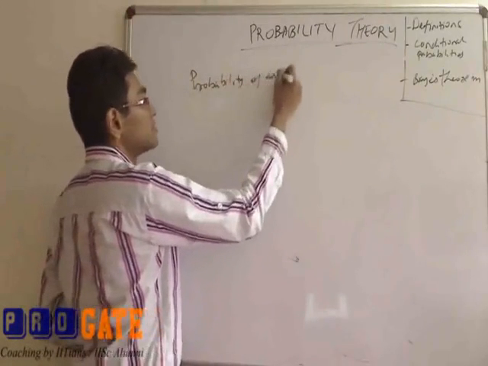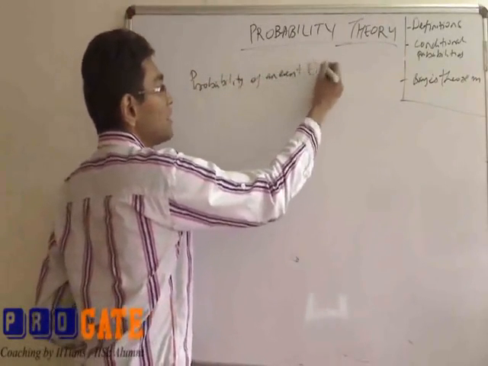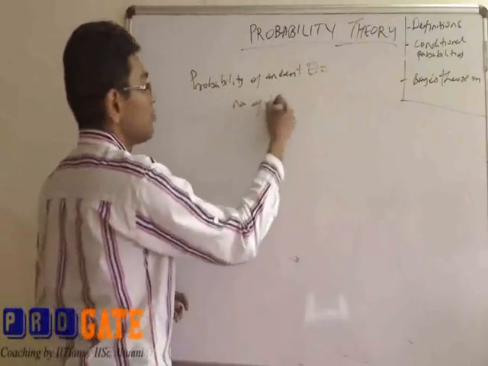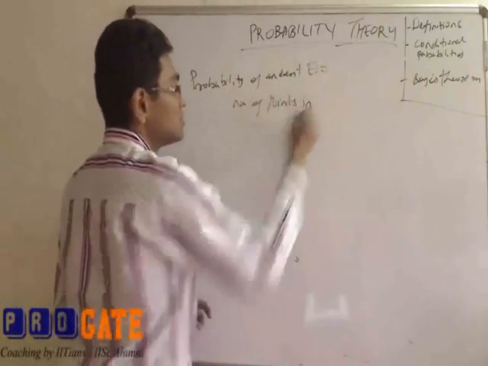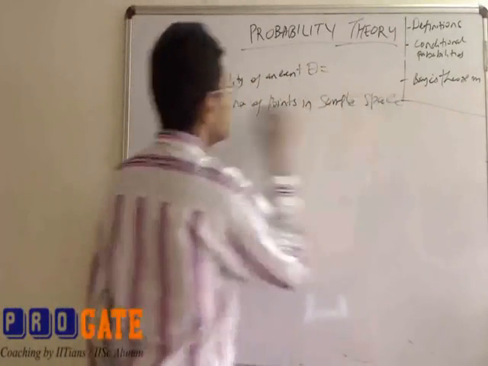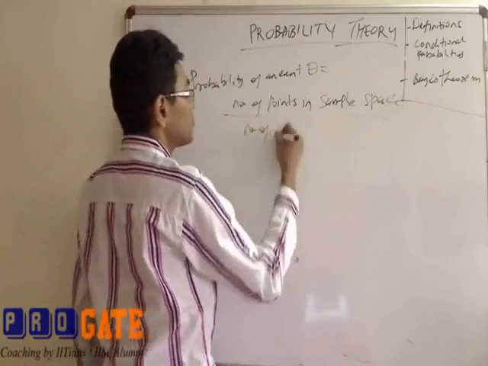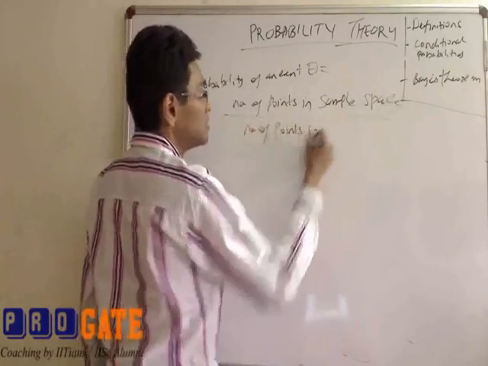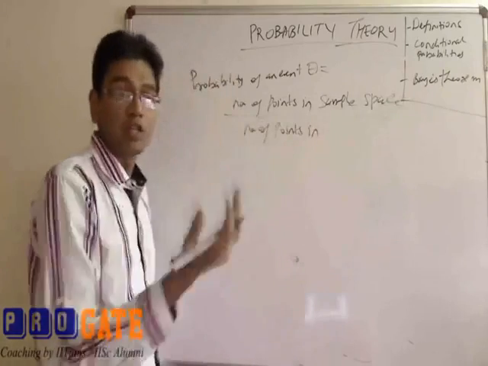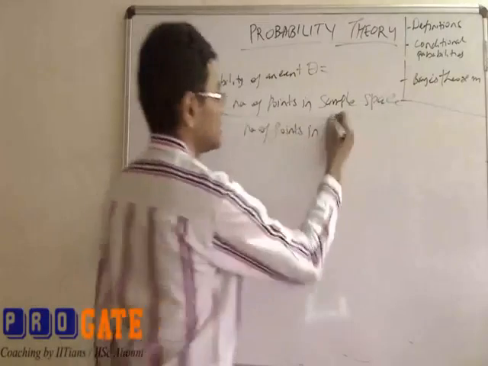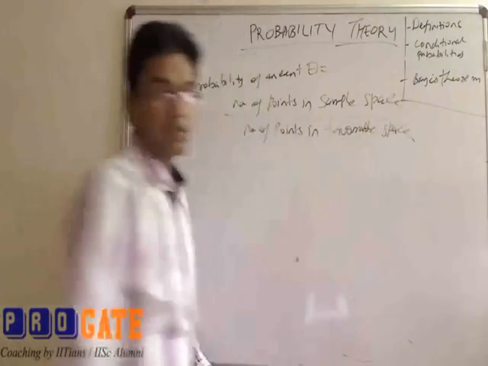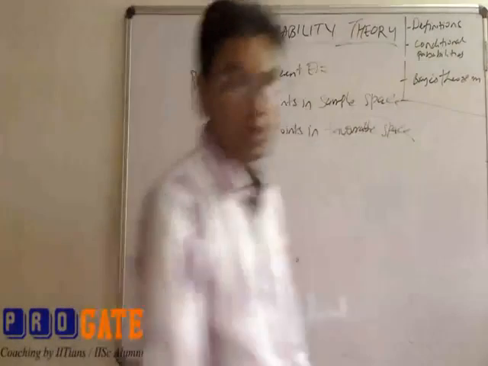Probability of an event A is equal to the number of points in the favorable space divided by the number of points in the sample space, meaning all the possible outcomes. So this is the probability.